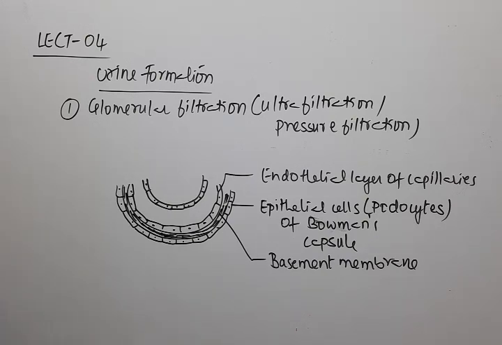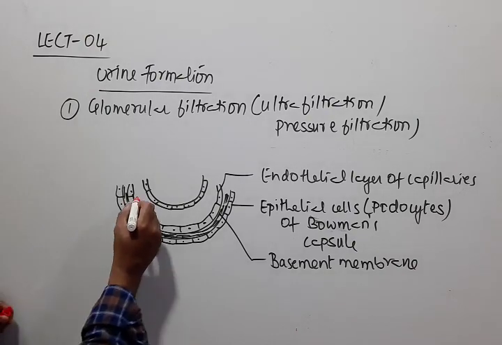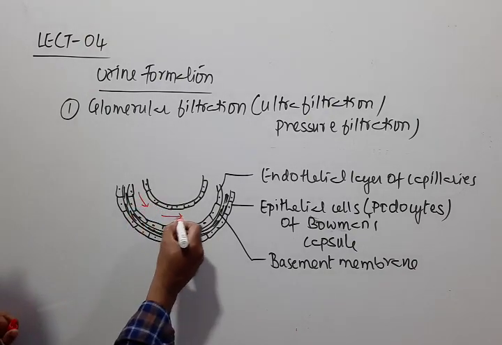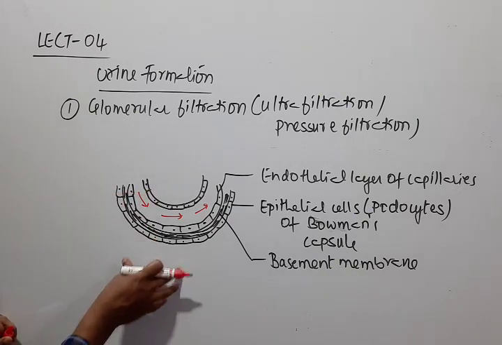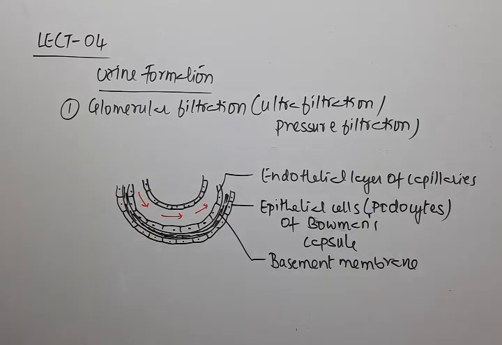Now when the blood flows through the capillary, because of the pressure that is generated, the afferent arteriole has a bigger diameter and the efferent arteriole has a smaller diameter.